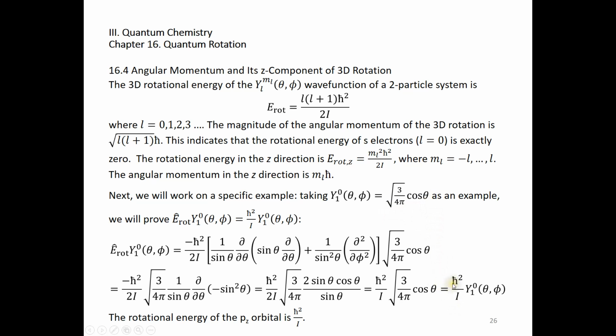The eigenvalue is h bar squared over I. There's a physical meaning of this eigenvalue. It's the rotational energy of a 2pz electron. It's h bar squared over I. I is the moment of inertia of this rotating particle.